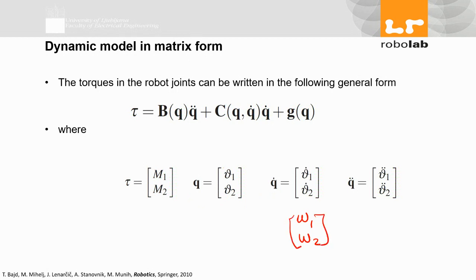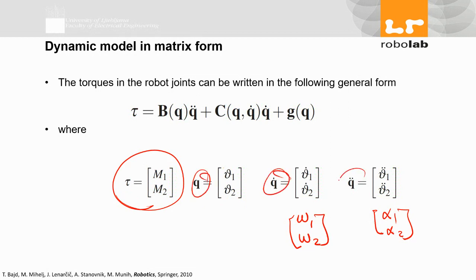And Q double dot, the second derivative of the angles, alpha 1 and alpha 2, the rotational acceleration of each joint. So we want a relationship between tau, Q, Q dot, and Q double dot.